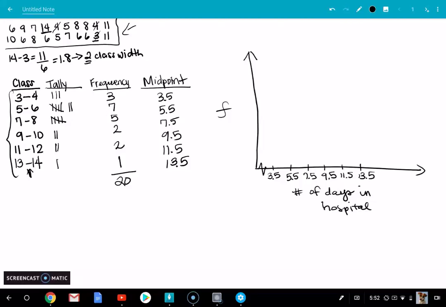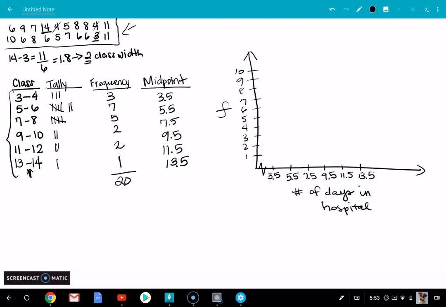So I feel like it's safe to just do 1 all the way to 10. 1, 2, 3, 4, 5, 6, 7, 8, 9, 10.